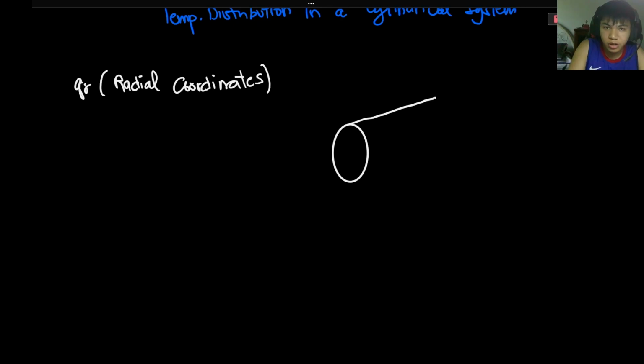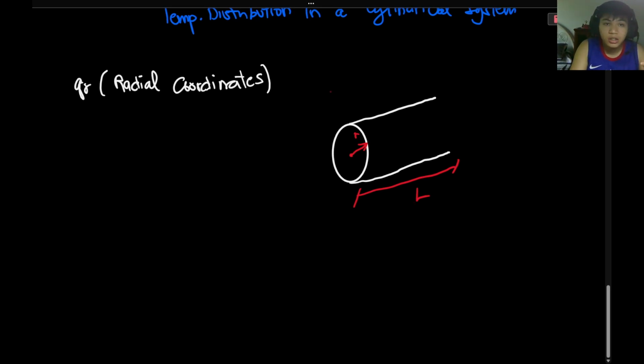Now, iba naman yung titingnan natin. Ayan. So, cylinder, of course, has a length L and a radius R. Now, when we have an L, we are presuming that we are taking its circumferential area. So ang consider din natin dito is yung ating circumferential area. So, for heat transfer, conduction, Fourier's law.